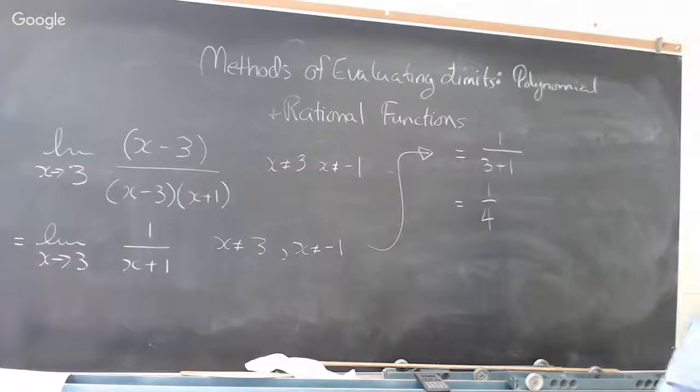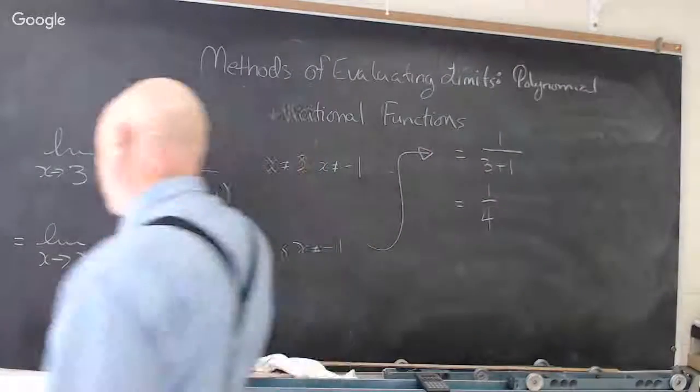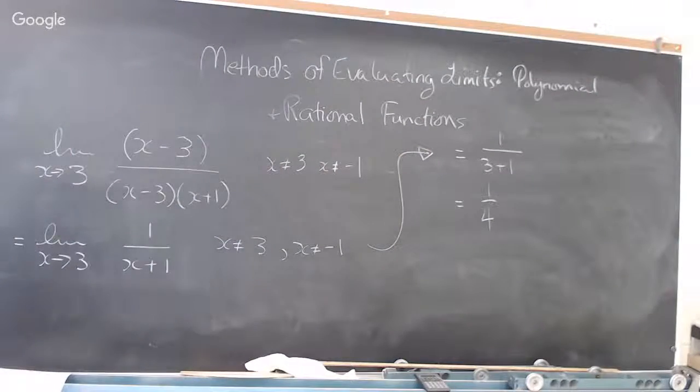All we really have to do, usually, is factor the top and factor the bottom. Make sure we've figured out whether we've got the removable discontinuity or the infinite discontinuity.